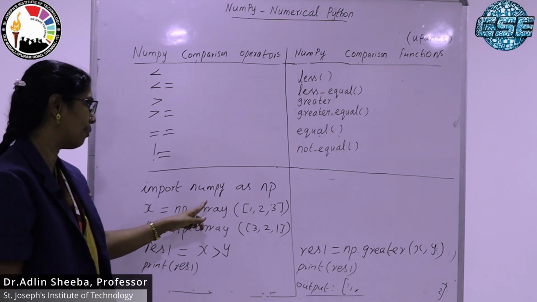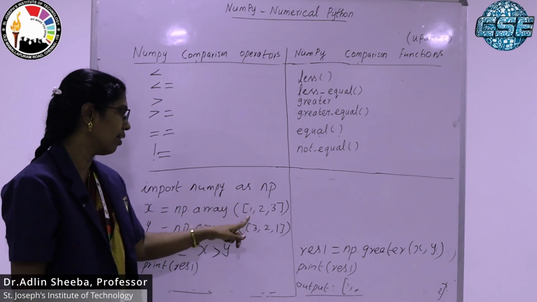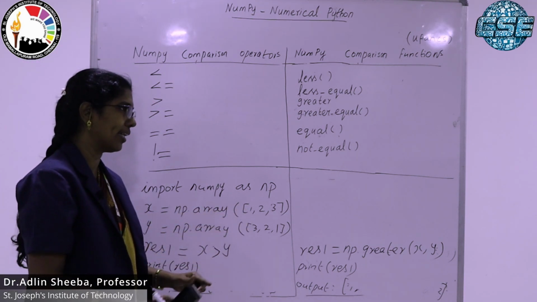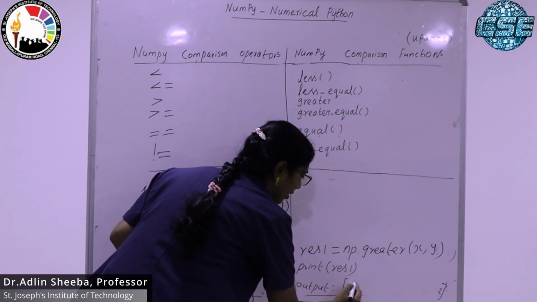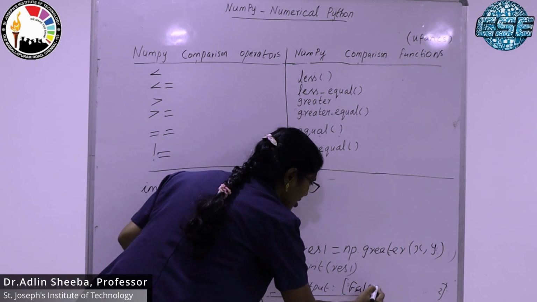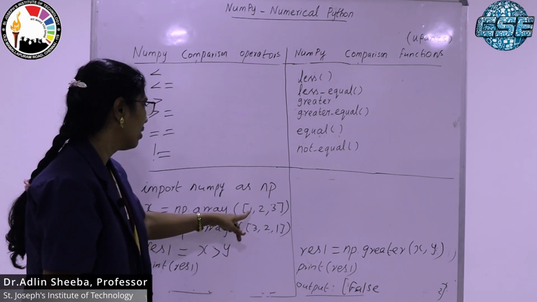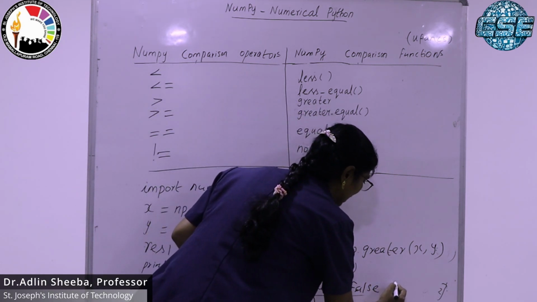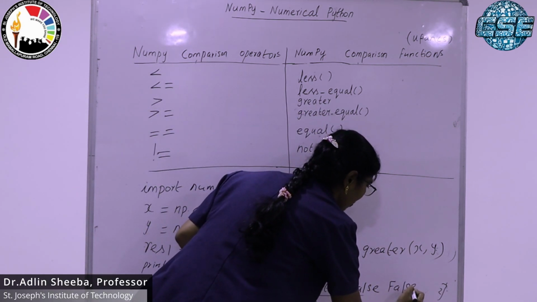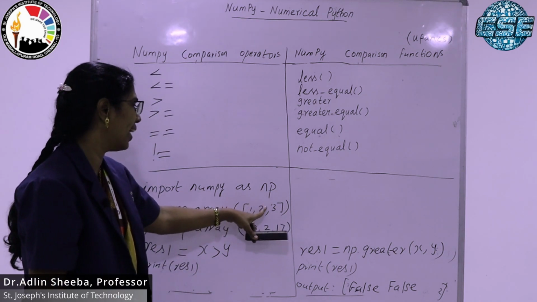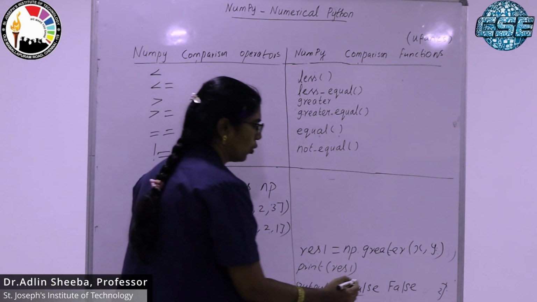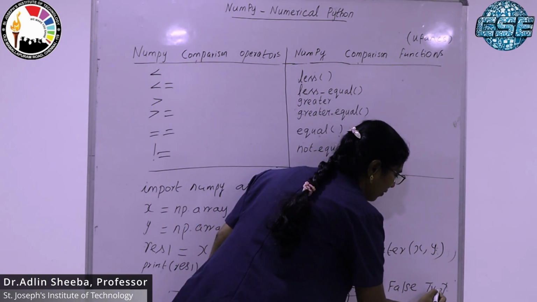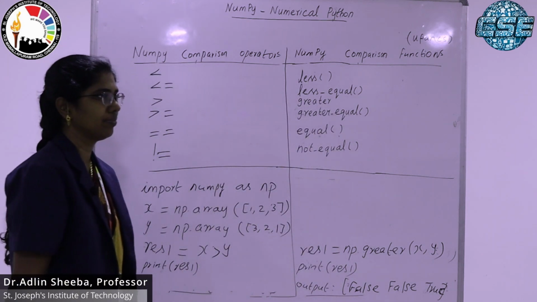Again we are performing element by element comparison. 1 is greater than 3. No, it is false. So here I am writing it as false. And then 2 greater than 2, no, it is equal. So again it is false. And third one, 3 greater than 1, yes, it is true. So here we have the output true.